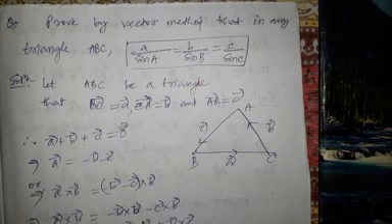So the area of the triangle ABC is equal to half into the magnitude of A cross B, which is equal to 1 by 2 the magnitude of B cross C, then 1 by 2 the magnitude of C vector cross A vector.